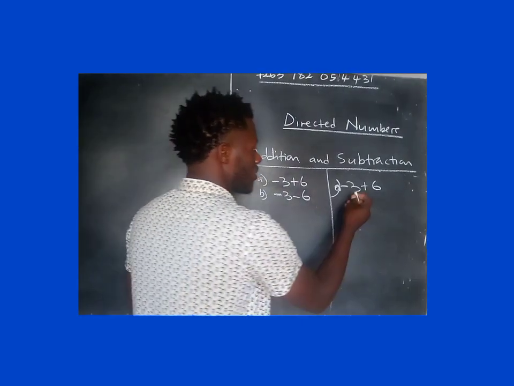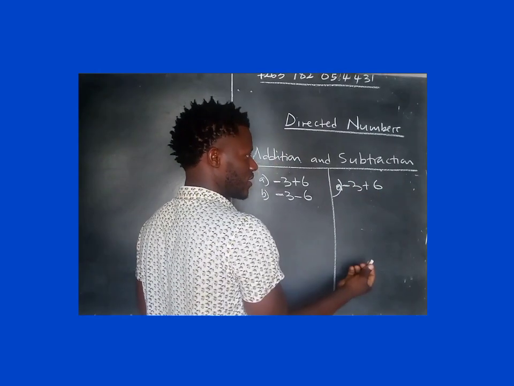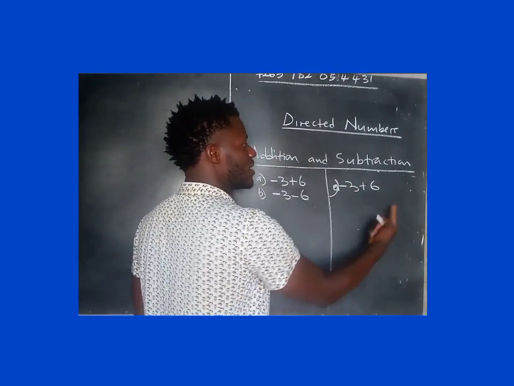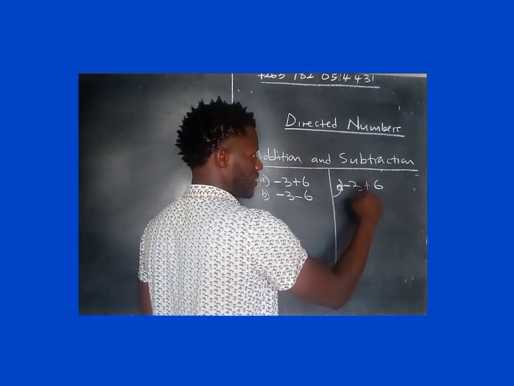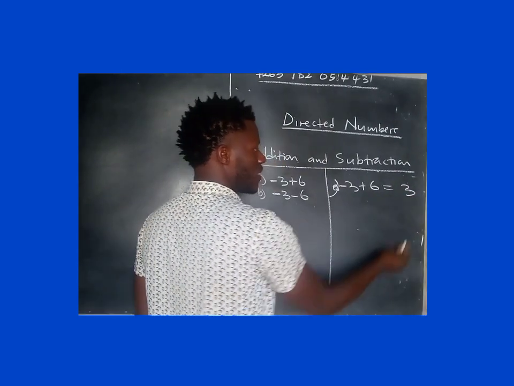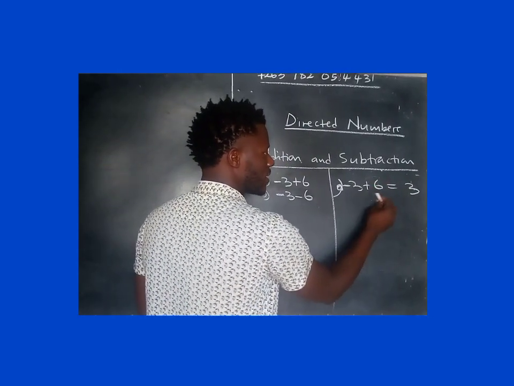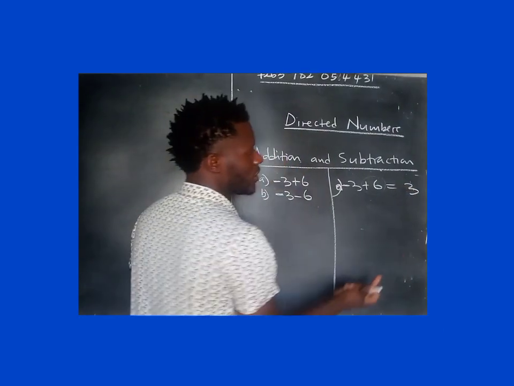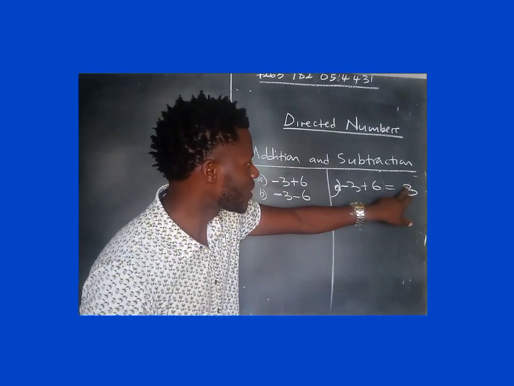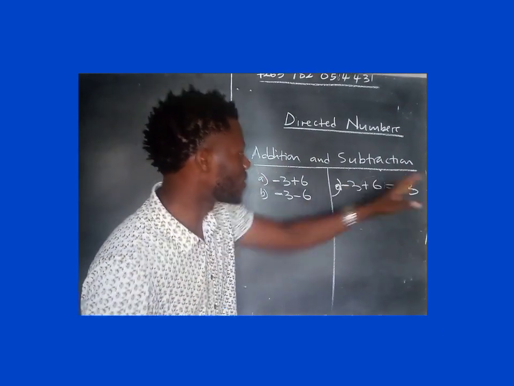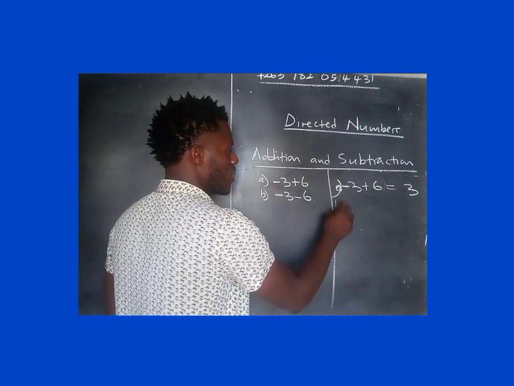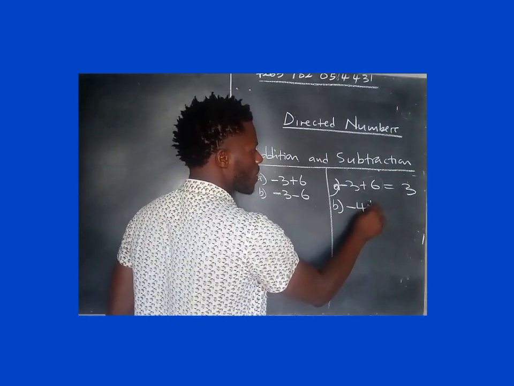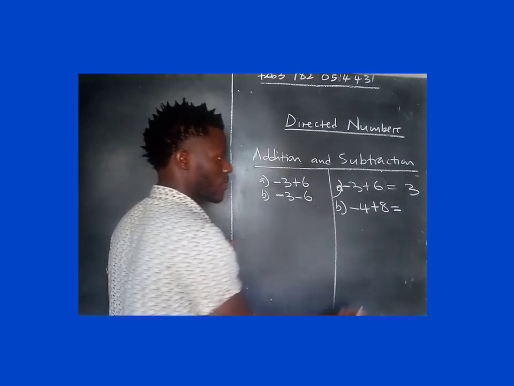So it's minus 3 plus 6. It means 6 minus 3. We get 3. Then the bigger value 6 is a positive, so the answer will also become positive 3. There's no need to specify a positive symbol here. This is positive 3. Let me repeat. Suppose it is minus 4 plus 8.